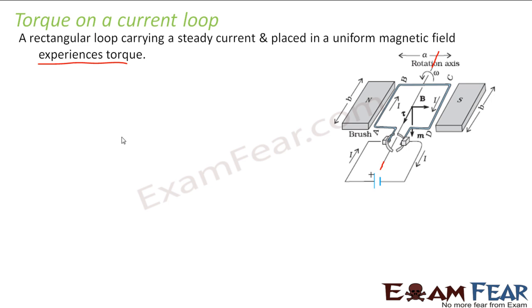Here, let us try to see what forces will act on this current carrying loop. The forces which act on the sides AD and BC will be equal and opposite, right?